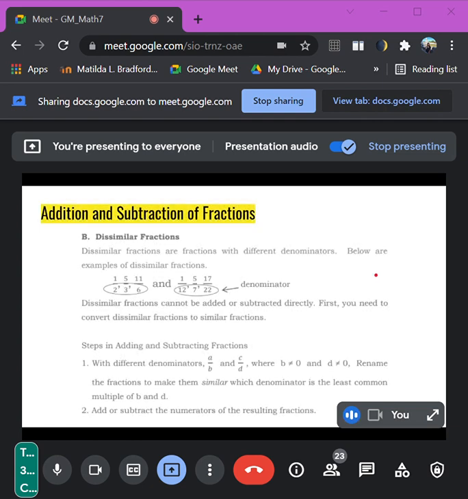Okay, we have already dissimilar fractions. So here in the similar fractions is natin mga na-add nga steps. But before that, what is dissimilar fractions, class? When we say dissimilar, unsa day na siya?